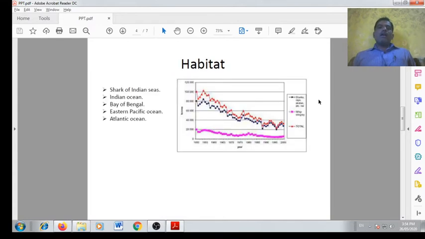As far as the habitat of Scoliodon is concerned, it is called the Indian shark because it is abundantly found in the Indian Ocean. Scoliodon is also found in the Bay of Bengal, Eastern Pacific Ocean, and Atlantic coasts of South America.